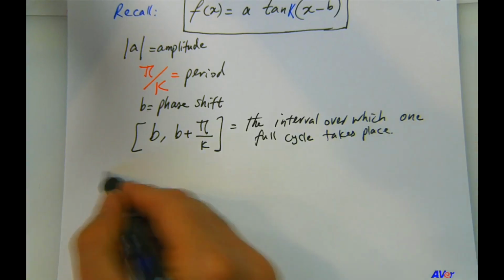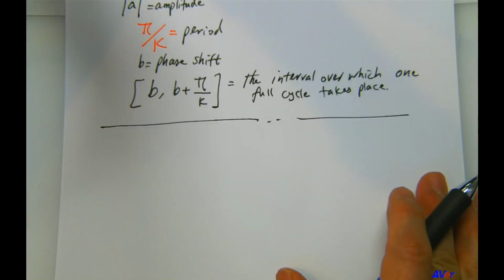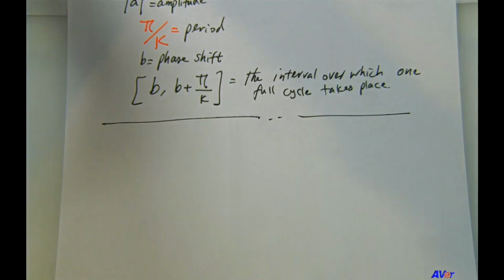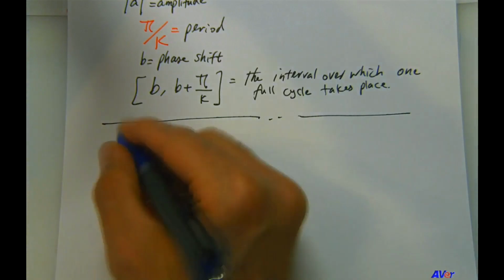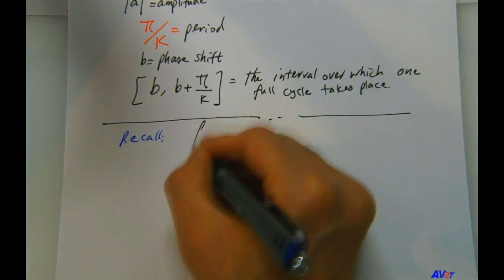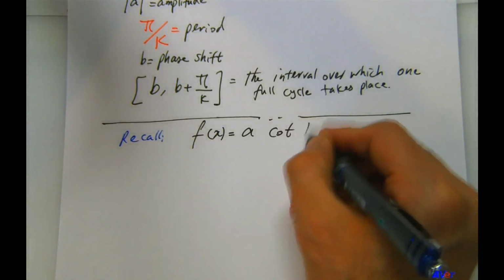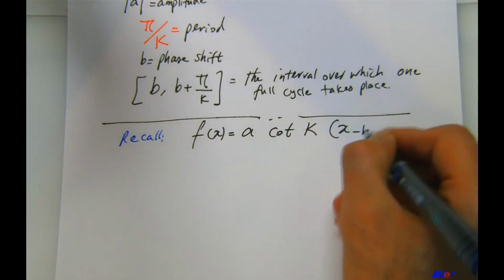Like that. And let's do the transformation function for the cotangent function. That was f of x equals a cotangent of k times x minus b.